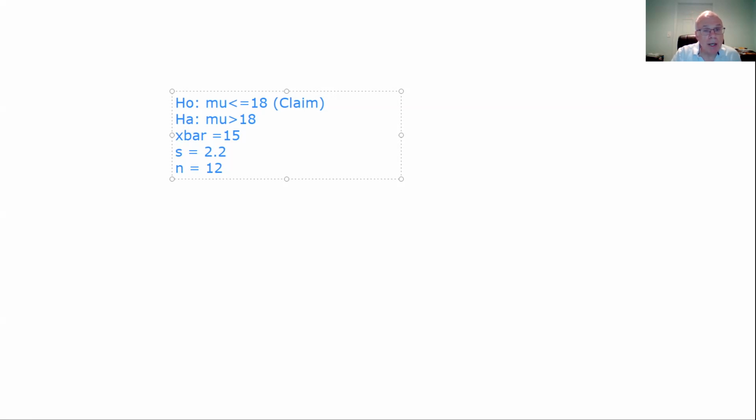Once again, I'll hit the right arrow button here, close parentheses, and hit enter. Oops, looks like I made an error. Let's go back. What mistake did I make here? I said 15 minus 18 divided by 2.2 divided by the square root of 12. Something is not right here. I don't know why this is giving me an error.